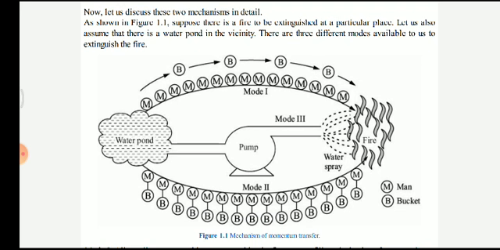The pump takes water from the water source and delivers it to a definite ending point. How can it be used? For fire. As shown in the figure, suppose there is a fire to be extinguished at a particular place.